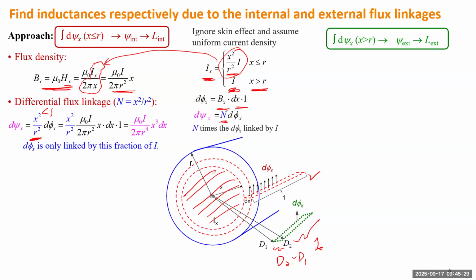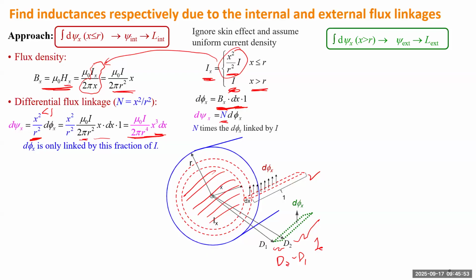So next, for this one, you just plug in this formula, right? And you do simplification, and you can prove this differential flux linkage depends on the x cubed and also dx.